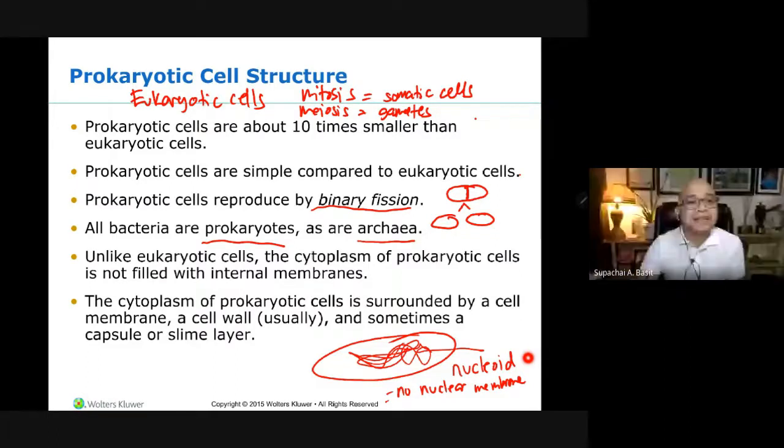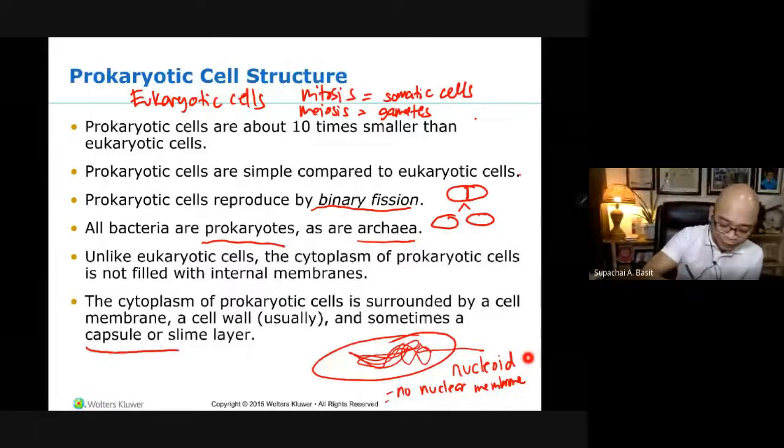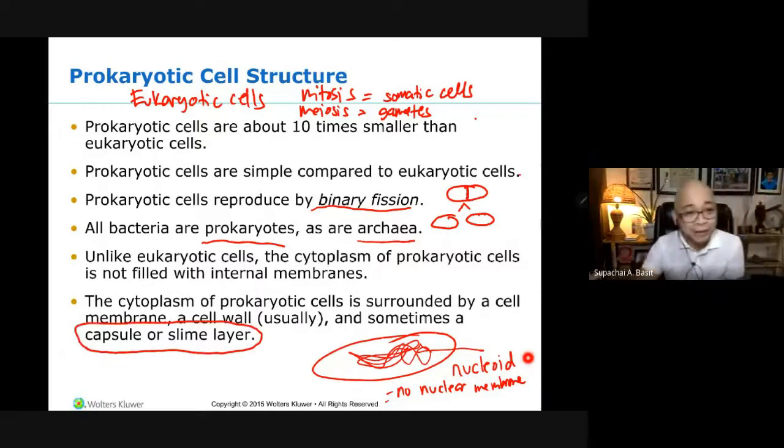Okay, so the cytoplasm of prokaryotic cells is surrounded by a cell membrane. So just like the eukaryotic, they also have cell membrane, cell wall, and sometimes a capsule or a slime layer. So later on, I will introduce to you how a capsule or a slime layer would look like.